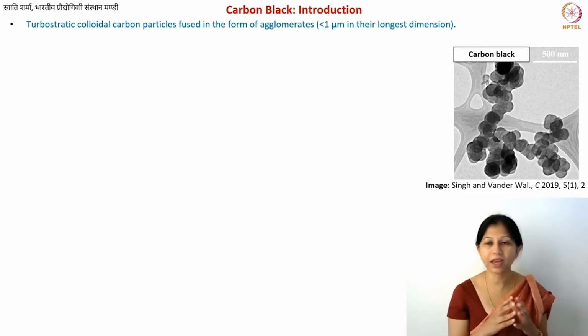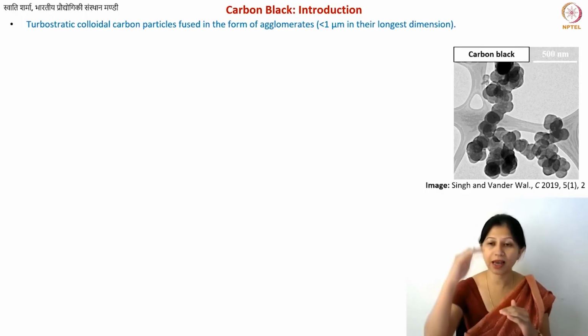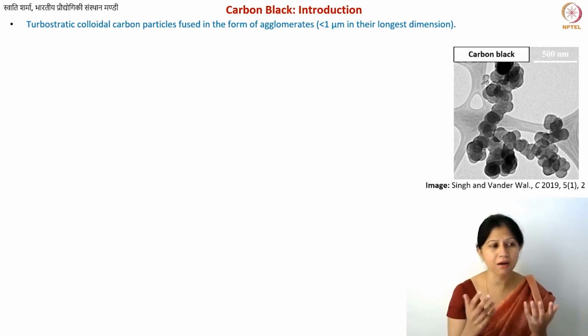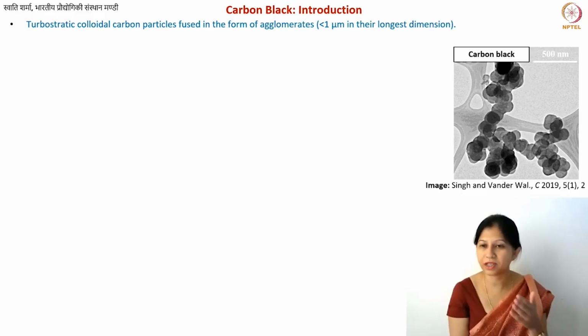Often the individual particles are in the 10 to 15 nanometer range, and the bunches are typically slightly above 1 micrometer, 1050 nanometers for example, but this is acceptable approximately. Okay, so this is how these bunches are known as carbon black particles.